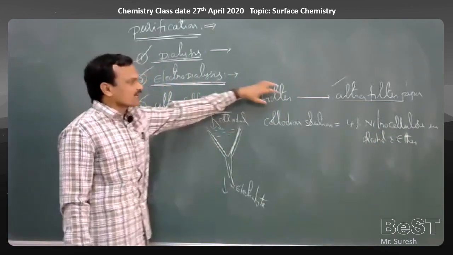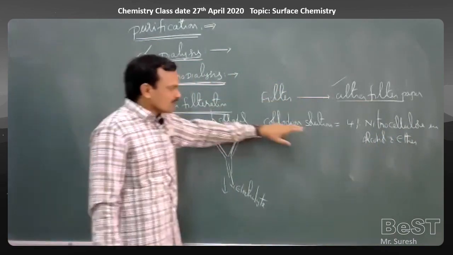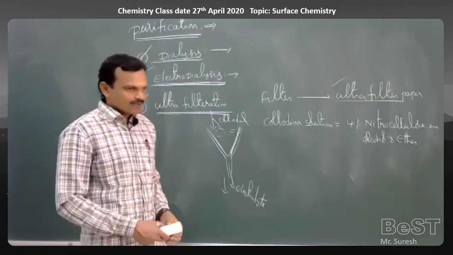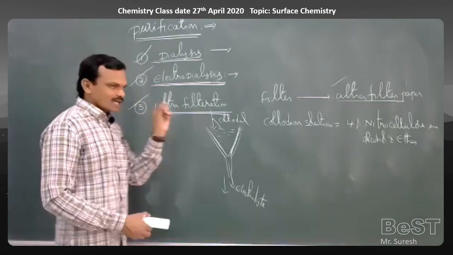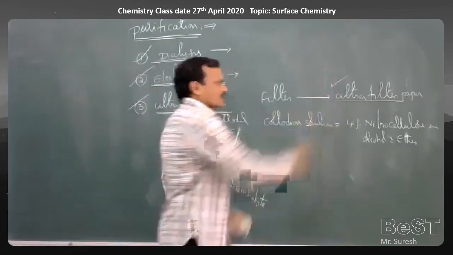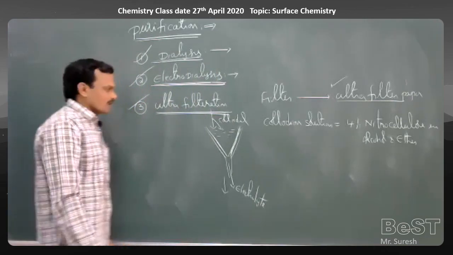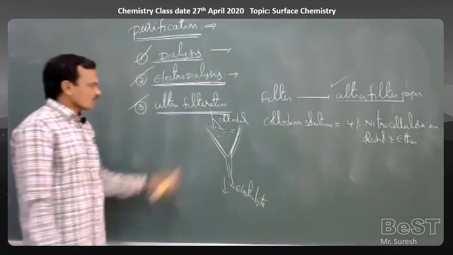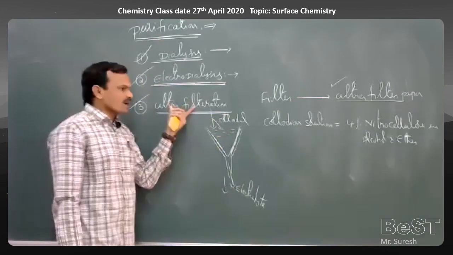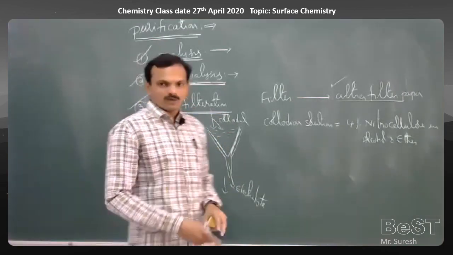First, ordinary filter papers are soaked in collodion solution and then hardened by using formaldehyde. As a result, the size of the pores of the filter paper is reduced, and we get ultra filter papers. By using these ultra filter papers, we can separate electrolyte particles from a colloidal solution. But this ultrafiltration process takes place slowly.